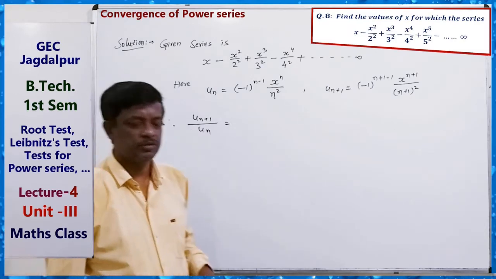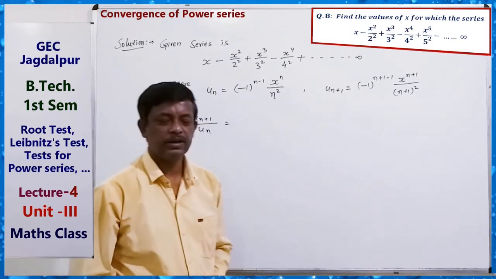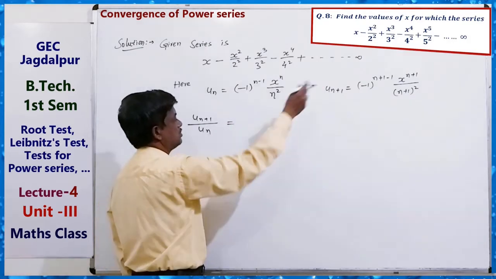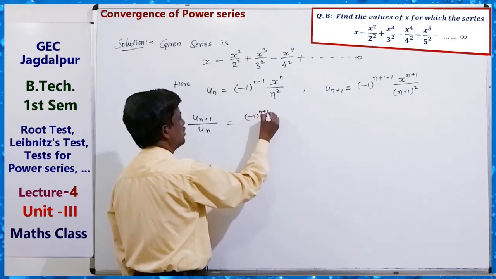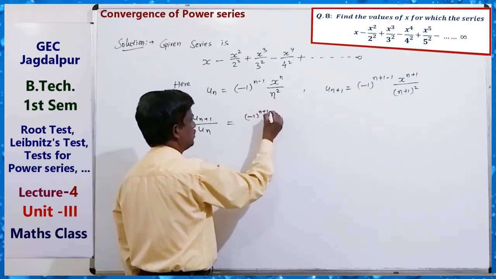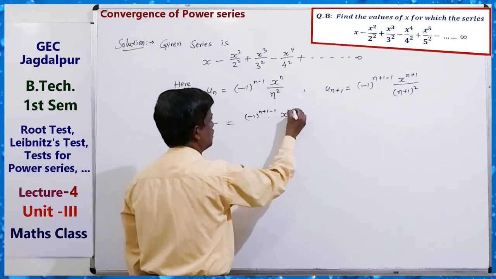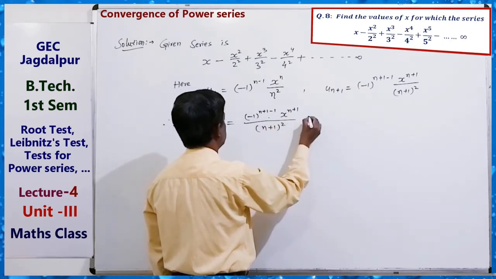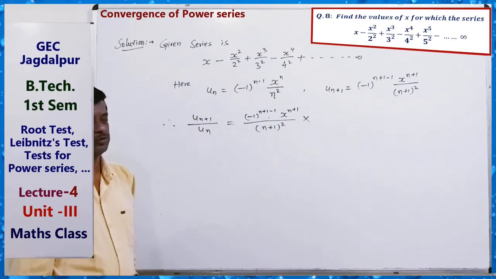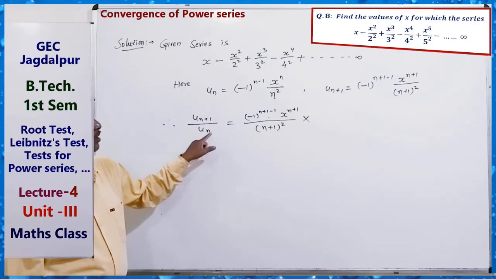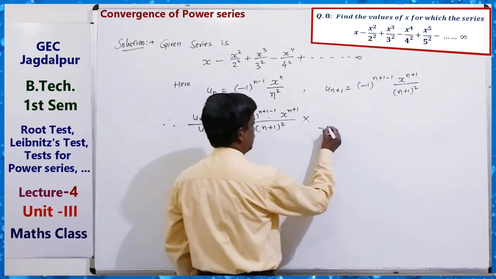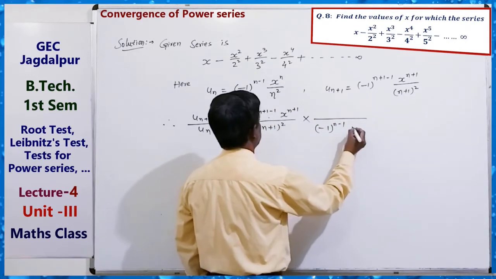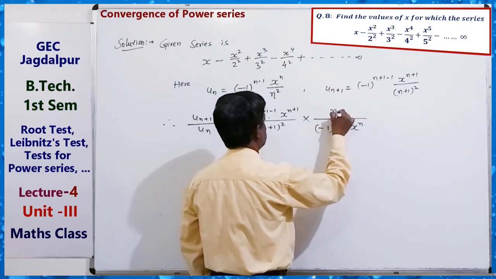So remember the ratio in which form you are finding it. un plus 1 is minus 1 to the power n plus 1 minus 1 times x to the power n plus 1 upon n plus 1 square, divided by un, which is minus 1 to the power n minus 1 times x to the power n upon n square.